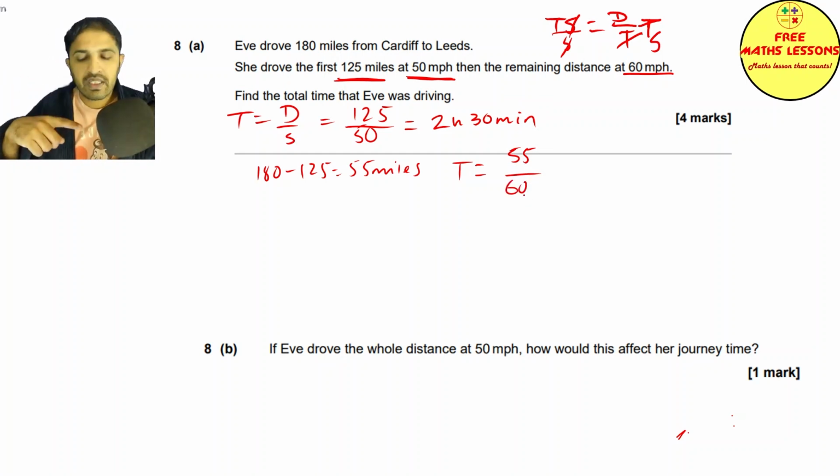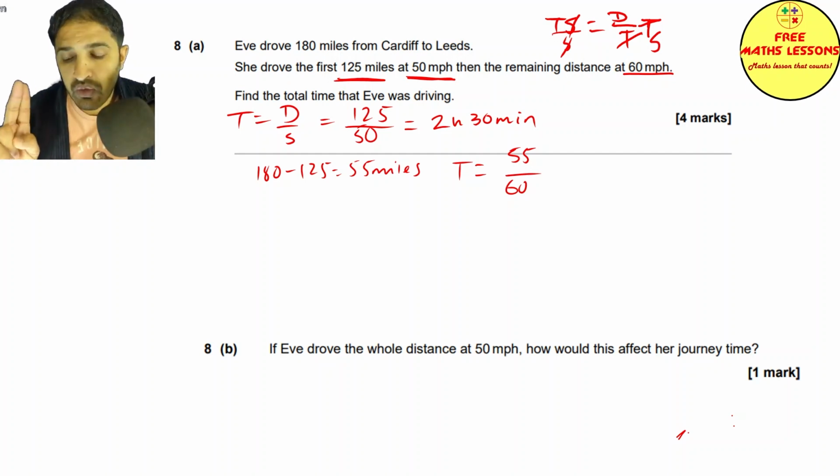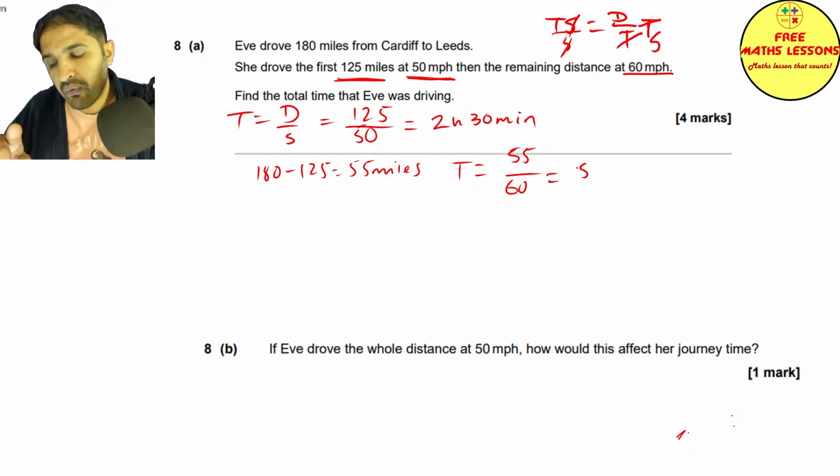Now, 60 miles per hour means you're traveling 60 miles in 1 hour. That gives you 1 mile in 1 minute. That's really important to understand. 60 miles in 1 hour, and there are 60 minutes in 1 hour, so you can do 1 mile in 1 minute. So if you're doing 55 miles, that will take you 55 minutes.